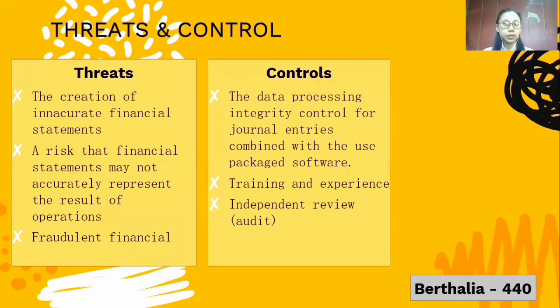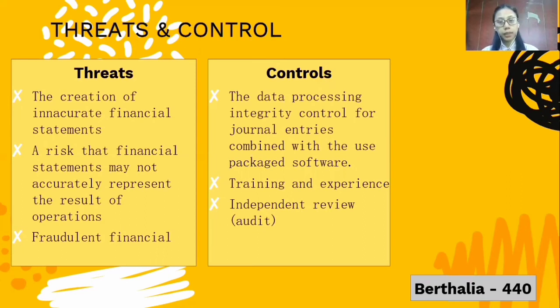And the next is the threat and the control. So the first threat here is the creation of inaccurate financial statements. So this risk actually highly happens. But to control this threat, we can use the data processing integrity control for the journal entries, combined with the use of packaged software.